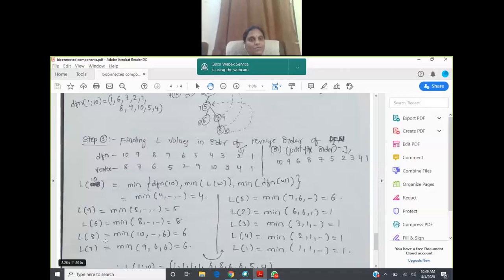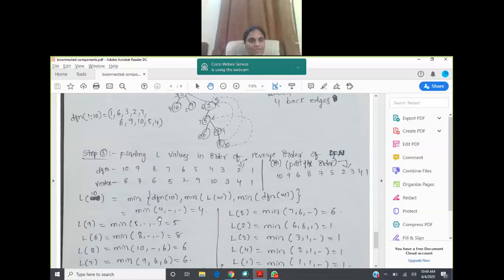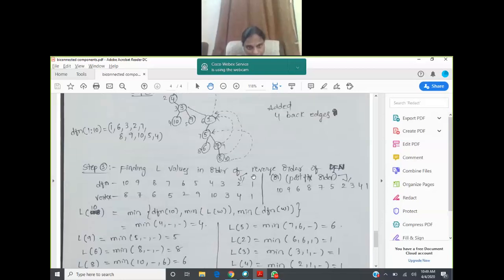Next, coming to finding the L value for vertex 8. Vertex 8's DFN number is 10. Is there any child to vertex 8? There is no child, so empty. And is there any back edge from vertex 8? Yes, there is one back edge from vertex 8, 8 to 5.